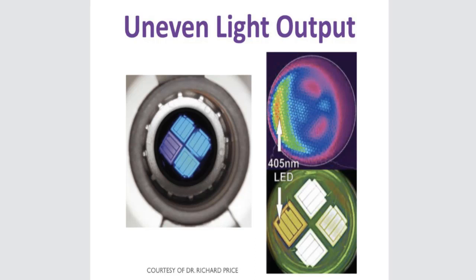And so lower quality lights will not have a very good top hat or footprint of effectiveness of the light. It might be very powerful. They might say they're 1,200 or 1,400 milliwatts per centimeter squared, but the effectiveness might be very, very, very small.